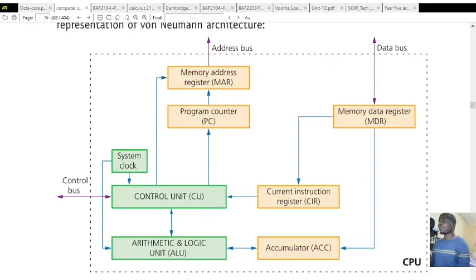Those were very important elements involved in the central processing unit.